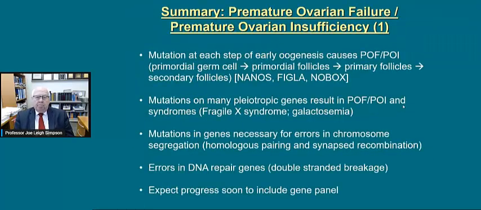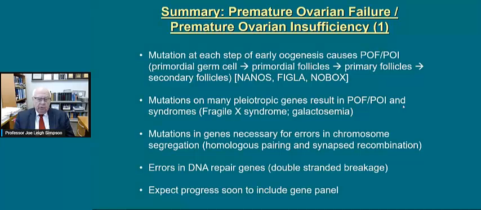What's not uncommon as an explanation for premature ovarian failure are those that we see in these bullet points. At each step, as oogenesis goes from primordial germ cells to primordial follicles to primary and secondary follicles, transcription factors have to be intact. And we've listed and illustrated that.